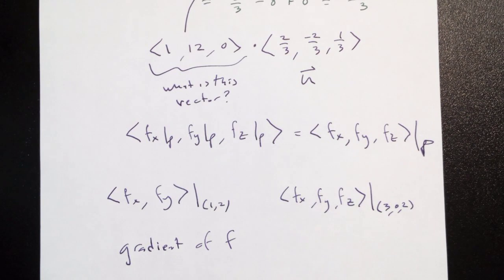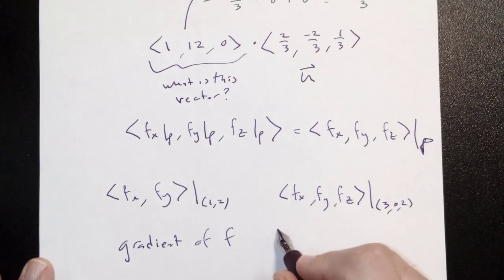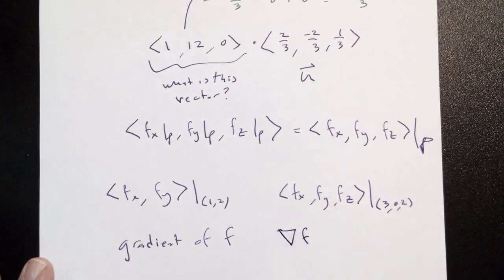Now, the gradient vector has as many entries as we have independent variables. So if my function is a function of x and y, the gradient looks like this. If it's a function of x, y, and z, it looks like this. If it's got 5 variables in it, it'll be a 5-dimensional vector. That's fine. I don't care how many letters it's got. The symbol for gradient is an upside down capital delta.